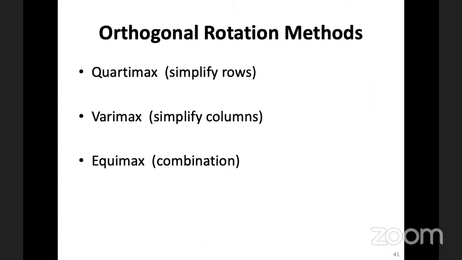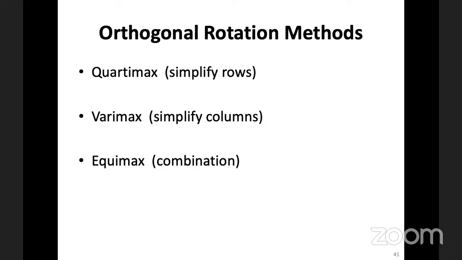For example, if it is quartimax rotation, then in the matrix we simply rotate the rows. If it is varimax, then we rotate the columns, and if it is equimax, then a combination of rotation of columns and rows is done.